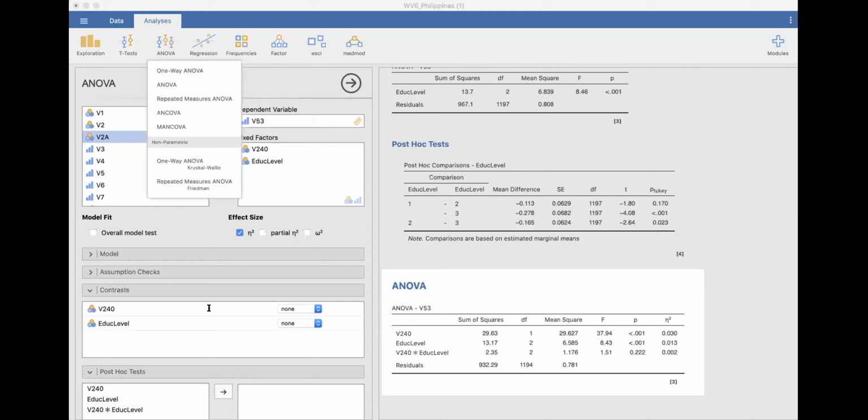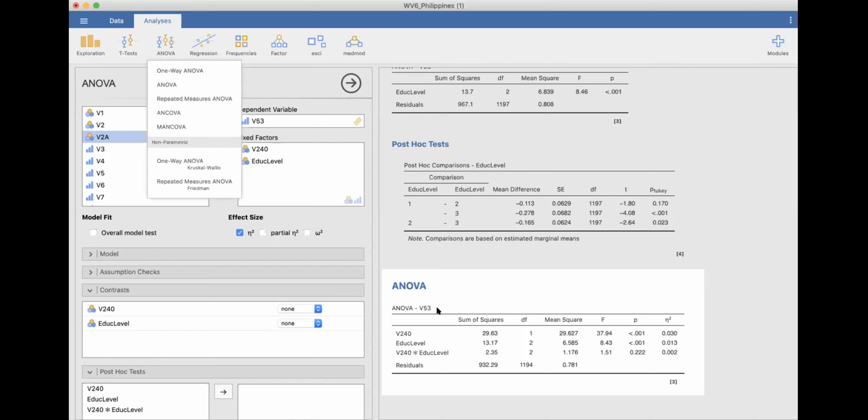There are 3 groups, so for education, the first DF is 3 minus 1, which is 2. The second DF: what's the size of the population? 1,200.